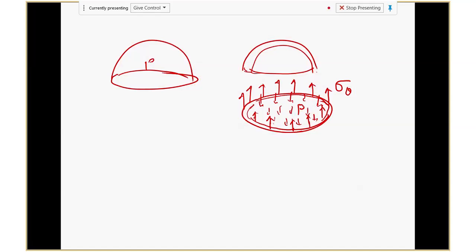Now, can I write the equation of equilibrium about this circular disk? It should be sum of Fy equals 0. The force generated by P is going to point upward, and the force generated around the edge by sigma, these two added together should be 0.